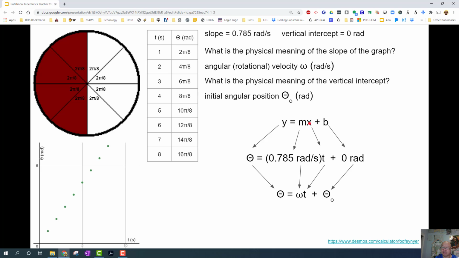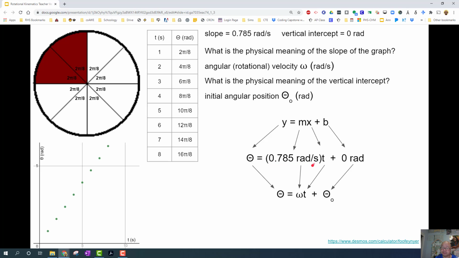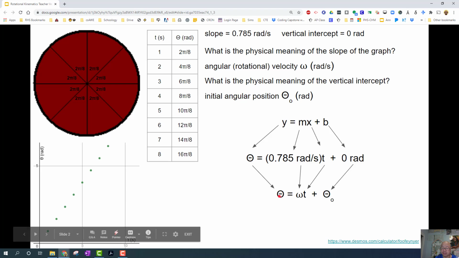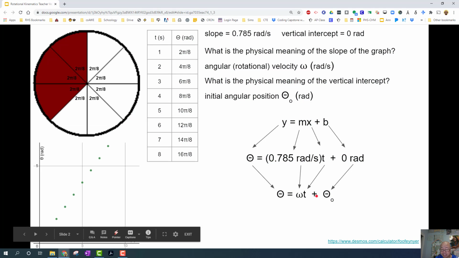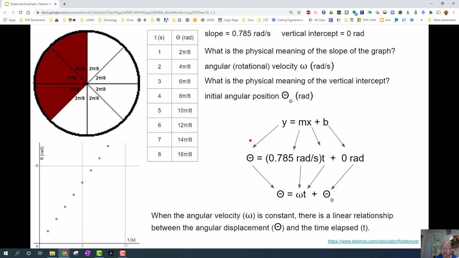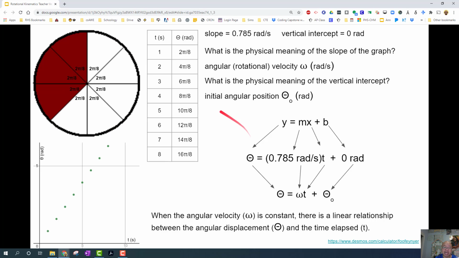Our horizontal variable is t for time, and again our vertical intercept is 0 radians. So this is the equation for the graph, and the general equation for this relationship is theta equals omega t plus theta initial. When the angular velocity is constant, as in this picture, there is a linear relationship between the angular displacement and the time elapsed.